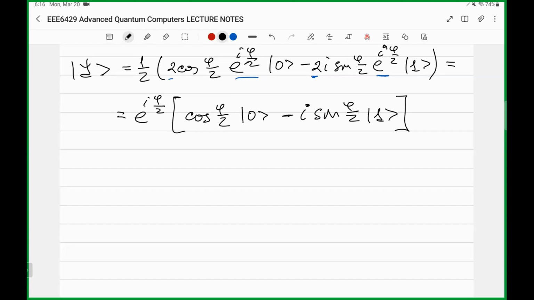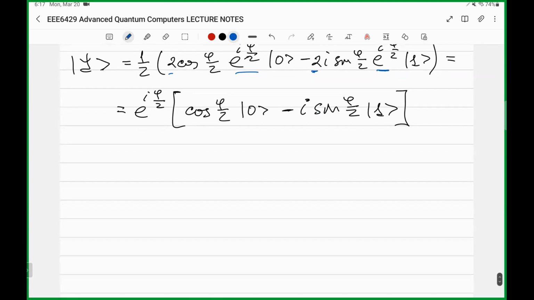Now, according to quantum mechanics, in order to find the intensity, or the normalization of this psi function, we have to take the inner product of these two.